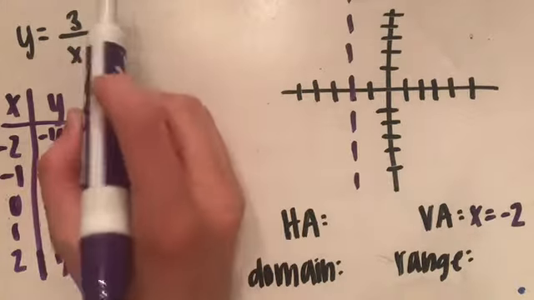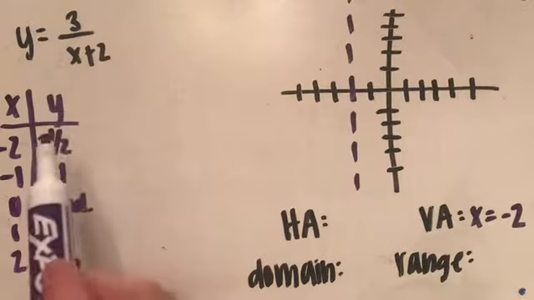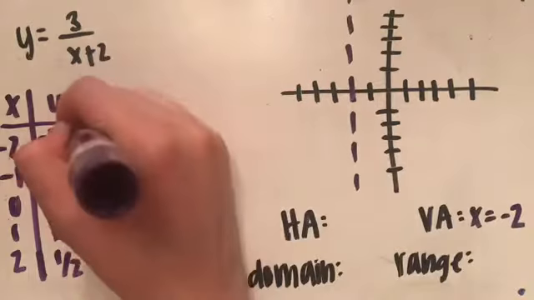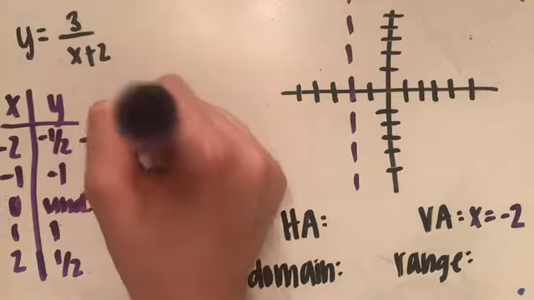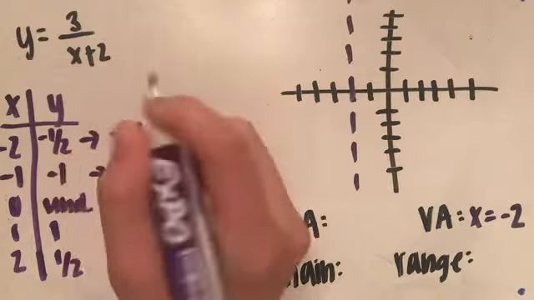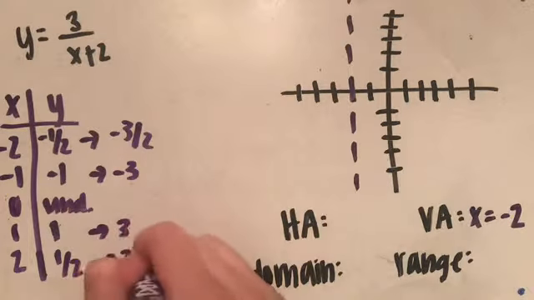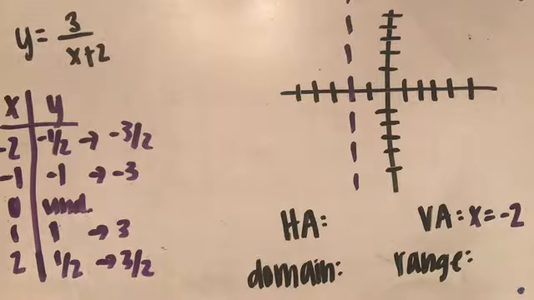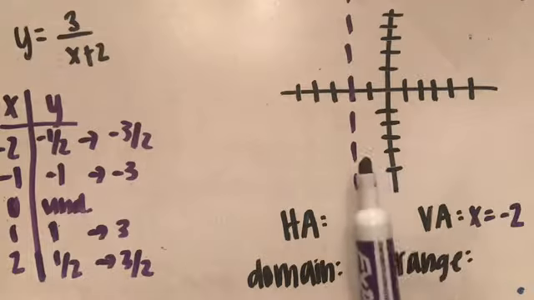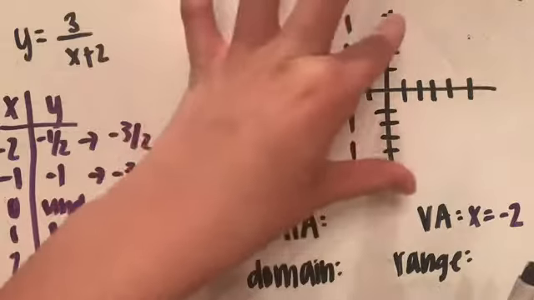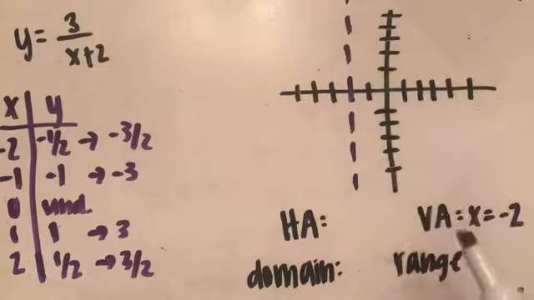Then we can multiply the y values by 3 because that's how much this graph is being stretched. So we'll get -3 halves, -3, +3, and +3 halves. Then we can go over to our graph and graph these points as if this asymptote were just the normal one.